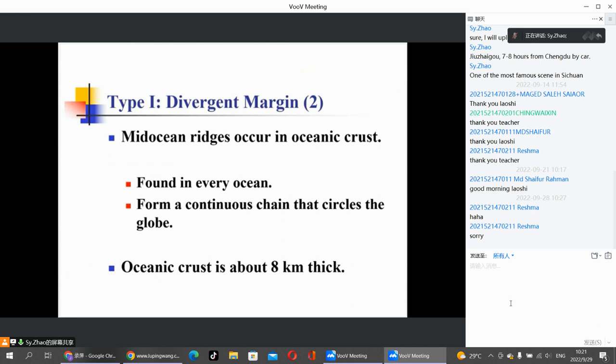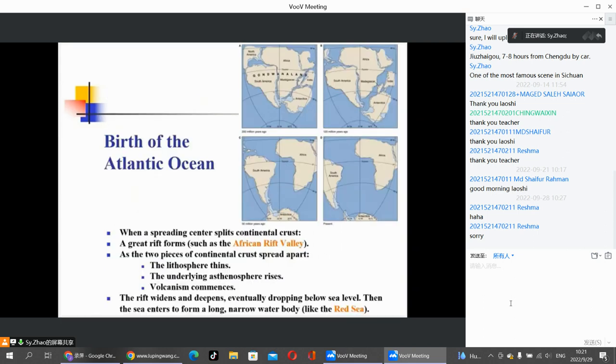Mid-ocean ridges occur in oceanic crust. They are found in every ocean of the world, and they form a continuous chain that circles the globe. The oceanic crust is about 8 kilometers thick, which I mentioned in the last class.